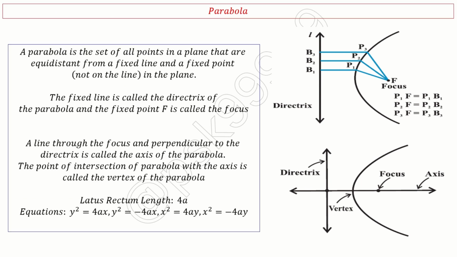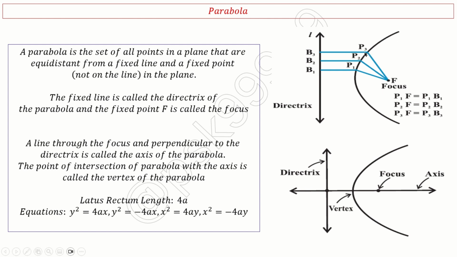A parabola is a set of all points in a plane that are equidistant from a fixed line and a fixed point in the plane. Which means if this curve is a parabola, then every point here has a distance to a fixed point called the focus and a fixed line called the directrix.